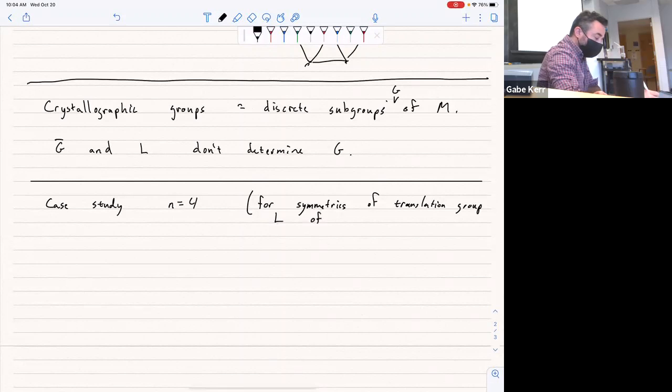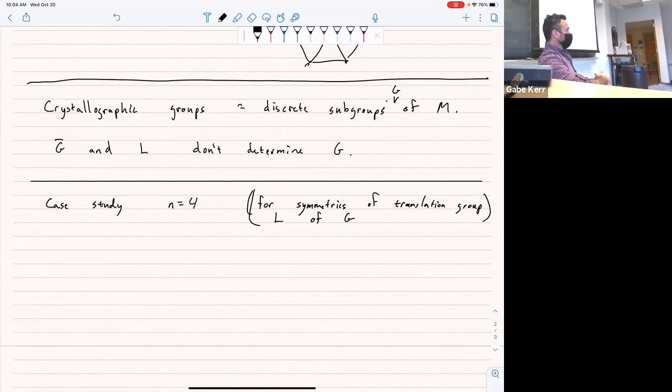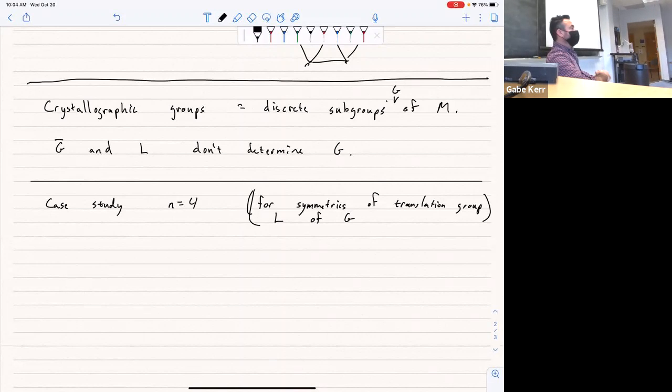We have some discrete subgroup, some crystallographic group G. We have some lattice L, that's the translation subgroup. And we're going to say, okay, what if n equals 4? What kinds of groups G do we get?